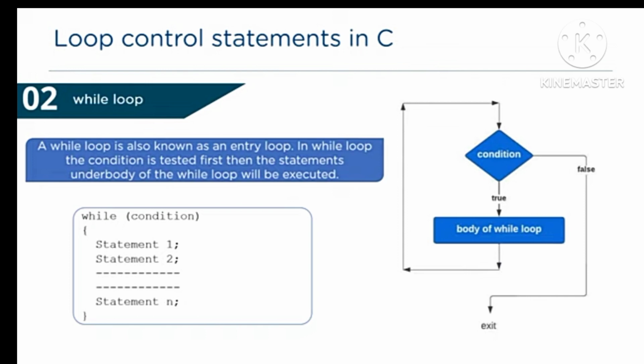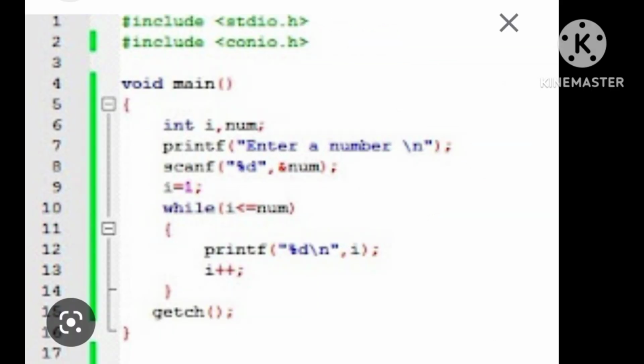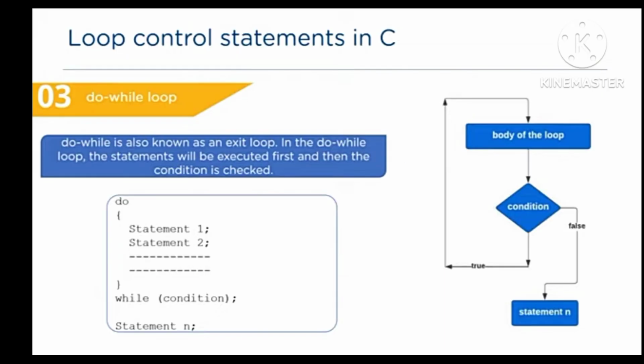And this is the flowchart for the while loop: start, condition, body of the while loop, and exit. If the condition is true the body executes, and if the condition is false it exits. Next, this is the program for the while loop.